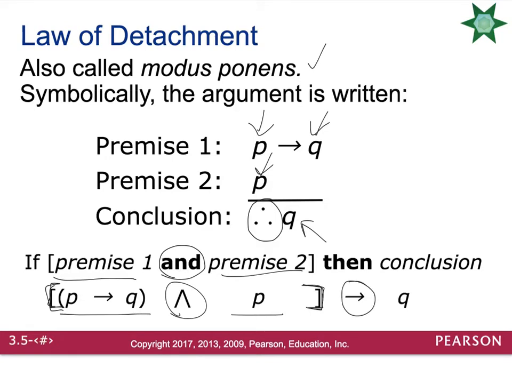Then you put the conditional statement in there. So if all of the premises happen, then the conclusion should happen. It's this truth value that you're looking for. If you get all T's in that truth column, then you have shown that it is a valid statement. The law of detachment has already been proven. It's proven in your textbook on page 137.